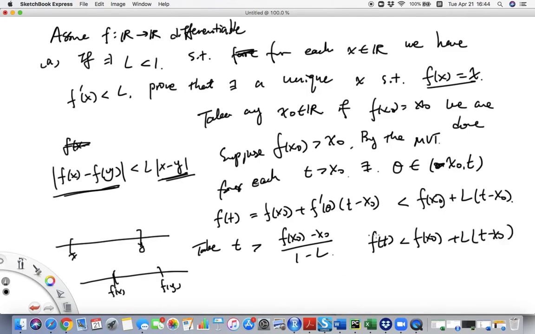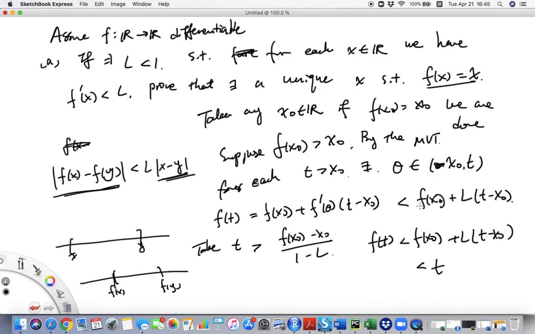So you're plugging this into here, right? So it's going to be less than t. All right, so we have f of t is less than t.